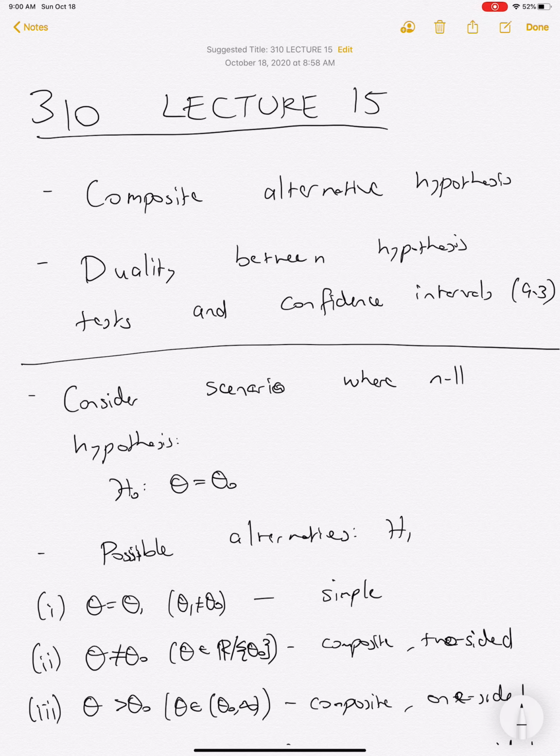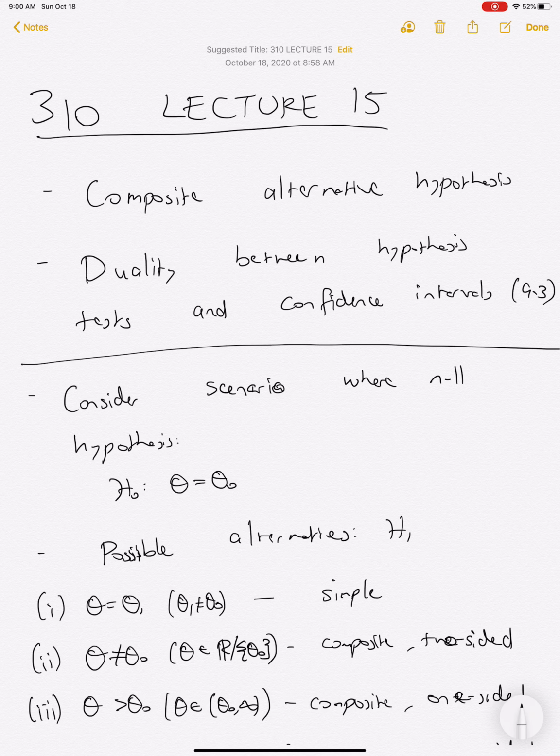What this shows us, which is pretty cool, is that a lot of the calculations that we did in chapter 8 for confidence intervals can naturally give you a very nice, in some sense one-to-one, correspondence with hypothesis tests.